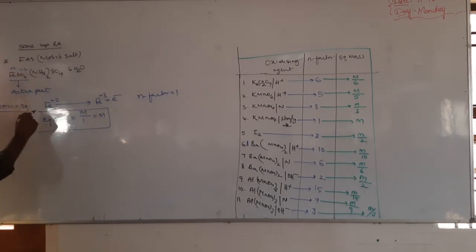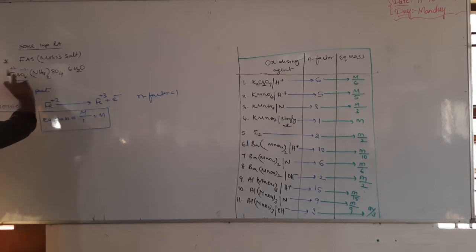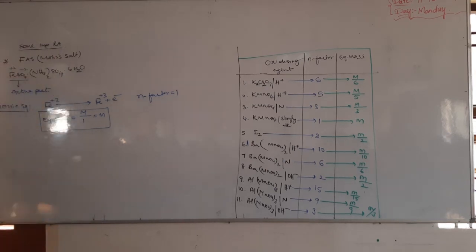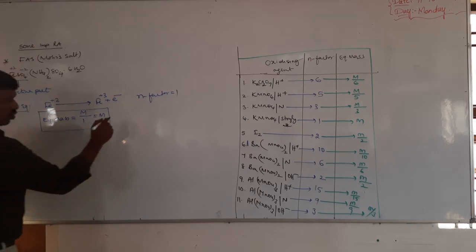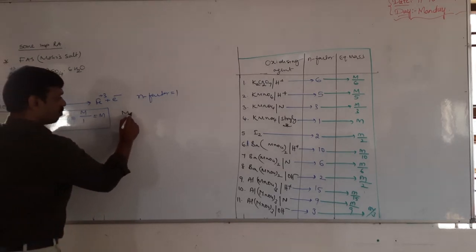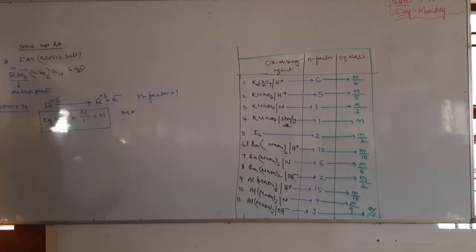Then suppose you want to calculate the equivalent mass of ferrous ammonium sulfate 6H2O, tell me what is the equivalent mass. So equivalent mass is equal to, first of all we should calculate the molecular mass. Tell me what is the molecular mass of ferrous ammonium sulfate. It has ferrous.